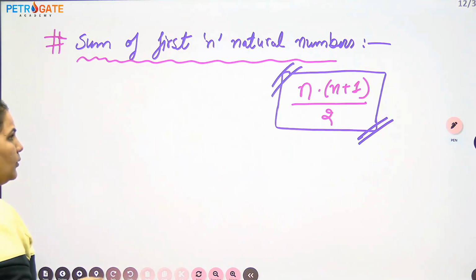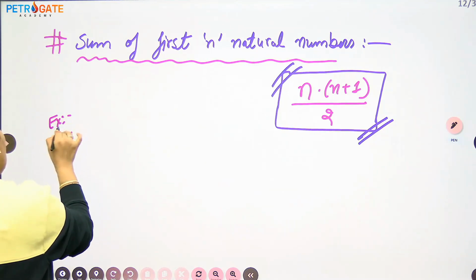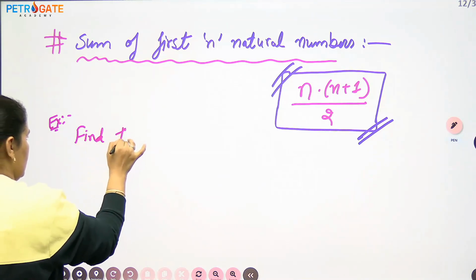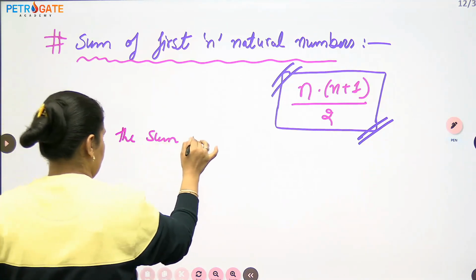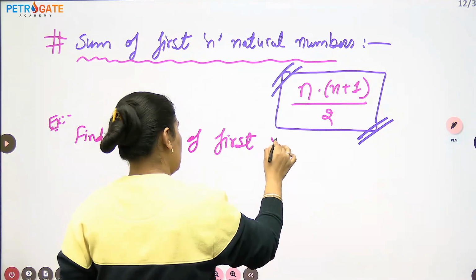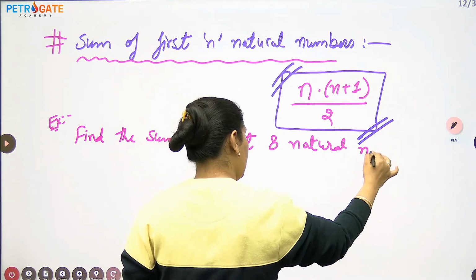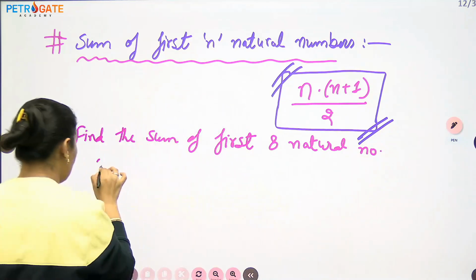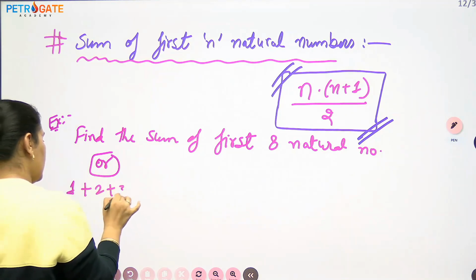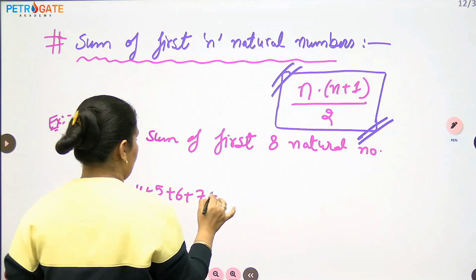Now if you want to approach for any number, let me write down an example for you. Suppose I have to find the sum of the first 8 natural numbers. The question can be written in this form or in this form also: find the sum of 1 plus 2 plus 3 plus 4 plus 5 plus 6 plus 7 plus 8.